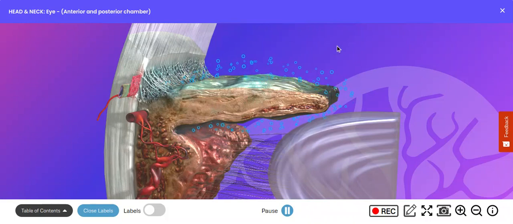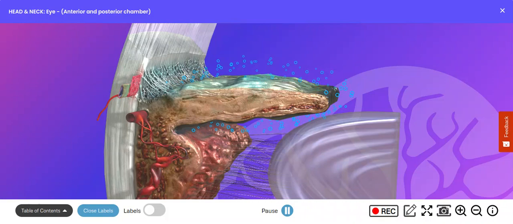The beta blockers decrease aqueous production by decreasing the intracellular cAMP concentration. There are also alpha 2 agonists, which also decrease aqueous humor production, but they do so by contracting the ciliary muscle in the body, due to which the production of aqueous decreases. So beta antagonists and alpha 2 agonists are two more drugs. Then we have some other drugs as well.